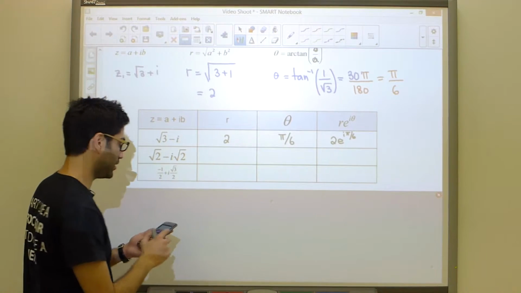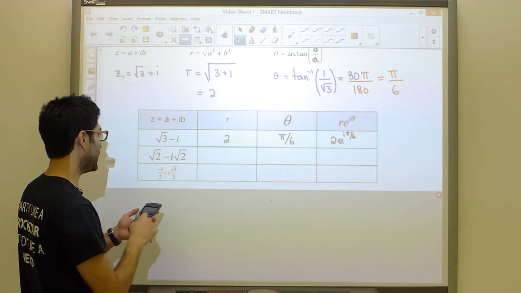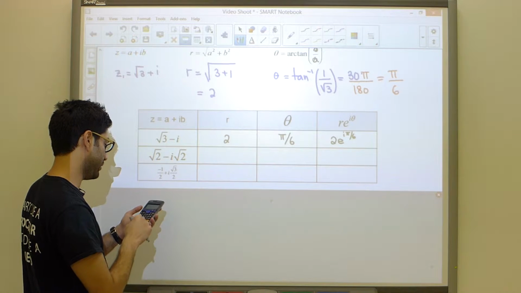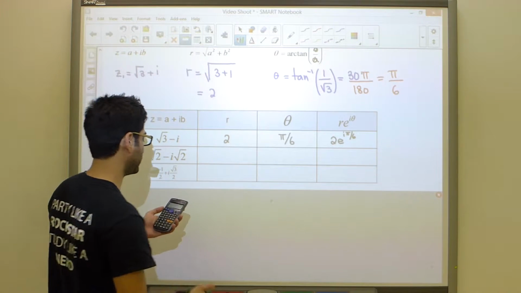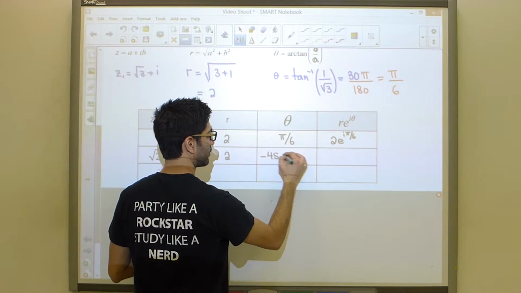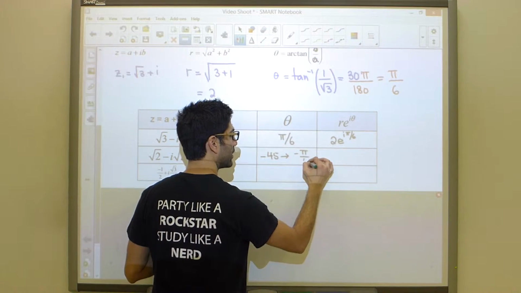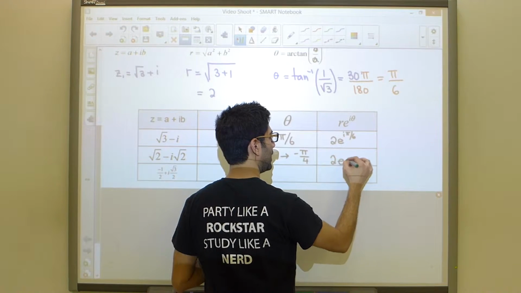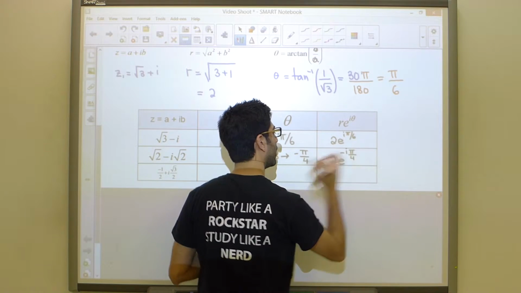So using our calculators, we're going to convert the other two. So if I take root 2 and negative root 2, my calculator will spit out 2, and it spits out negative 45, which of course I convert, and I get negative pi over 4. And writing it in polar form, I will write 2e to the negative i pi over 4.